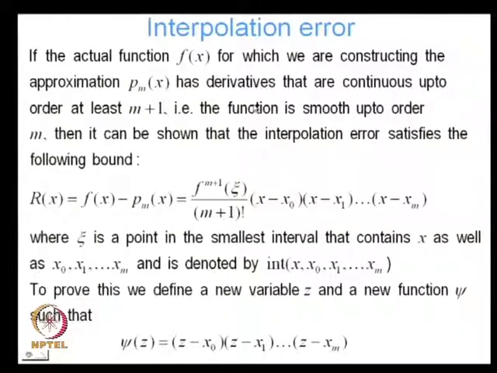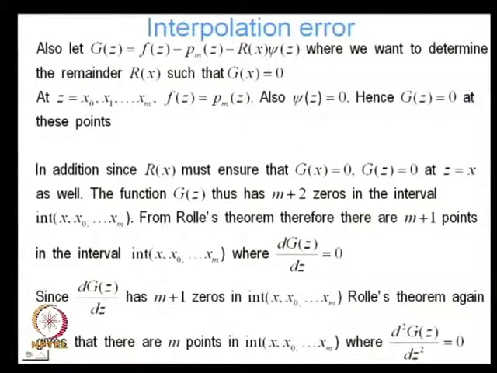At x0, x1, xm, you can see psi of z is going to be, if z is equal to x0, this thing is going to be 0, z is equal to x1, this thing is going to be 0, z is equal to xm, that thing is going to be 0. So psi of z is also going to be 0 at x0, x1 and xm.